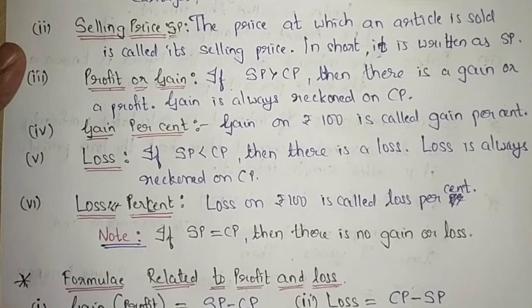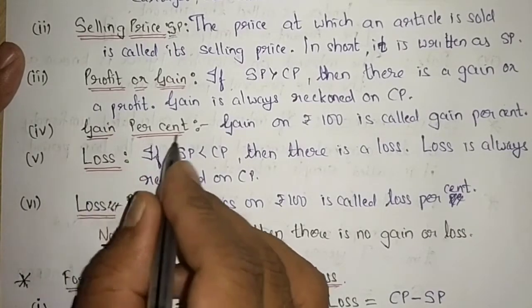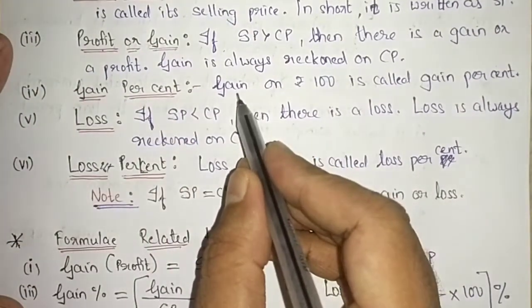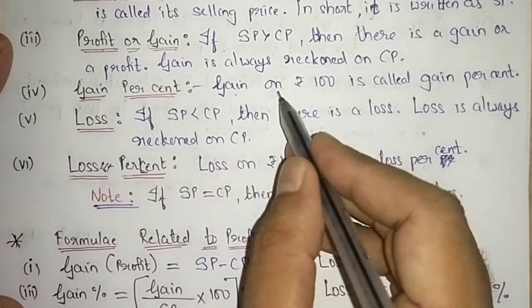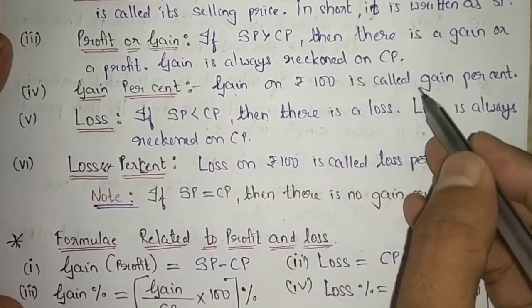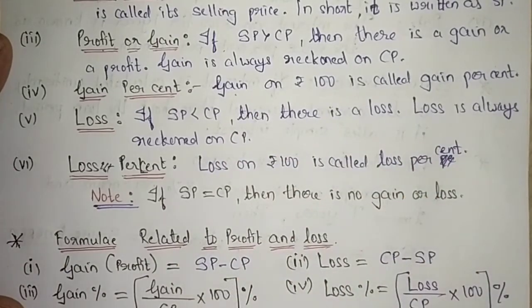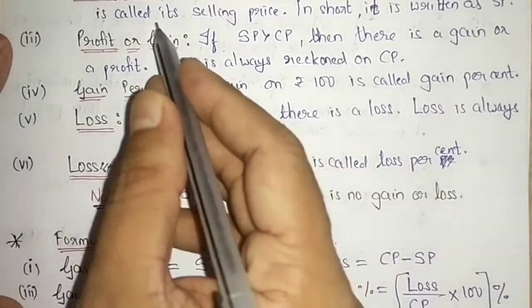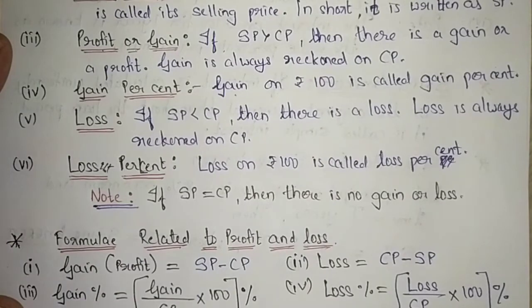So definitely my profit will be 1 lakh 75,000. That is my profit. Now, gain percentage. What does the term gain percentage mean? Gain or profit on rupees 100 is called gain percentage. So the percentage on the calculation of the profit, what we got, we will term it as gain percentage.